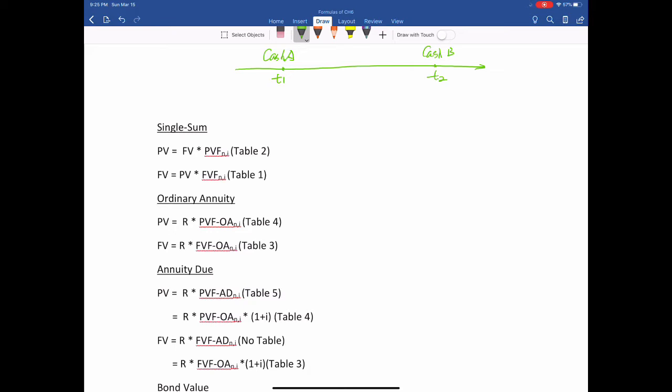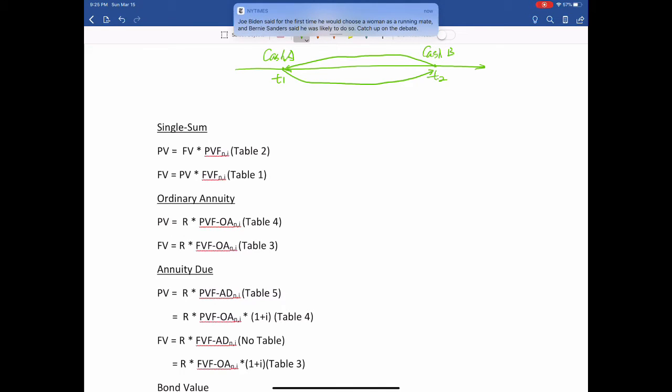So what we can do is, first, calculate the cash flow B's value at T1, then compare with cash flow A. Or we calculate cash flow A's value at T2 and compare with cash flow B. So how to do that?